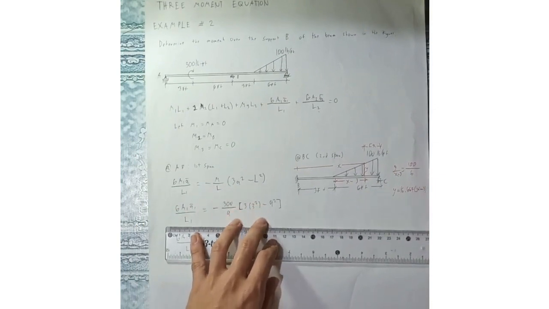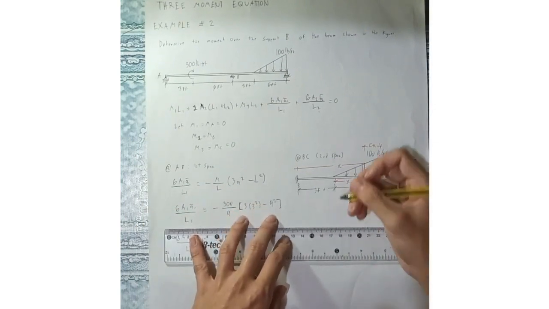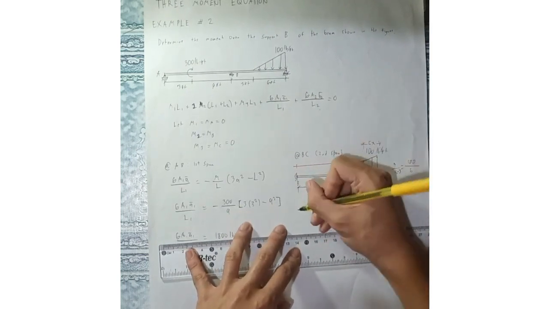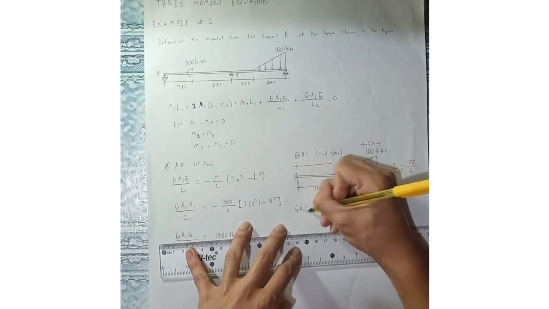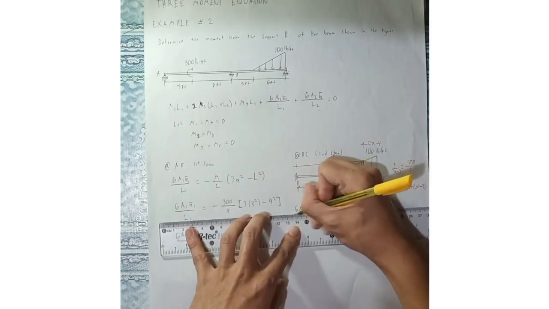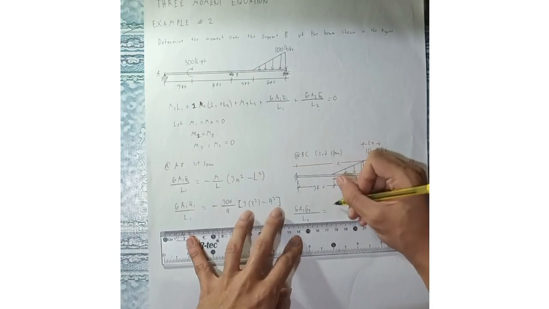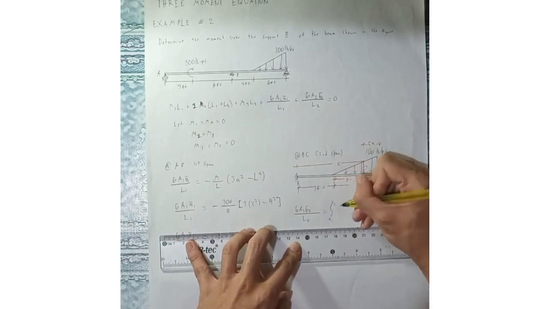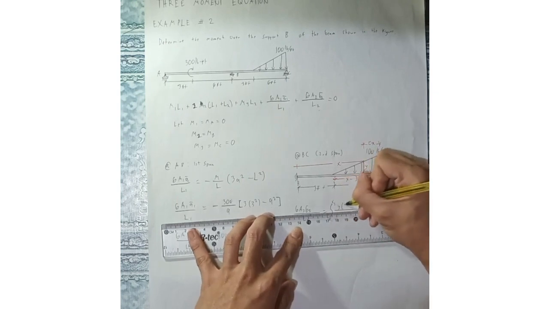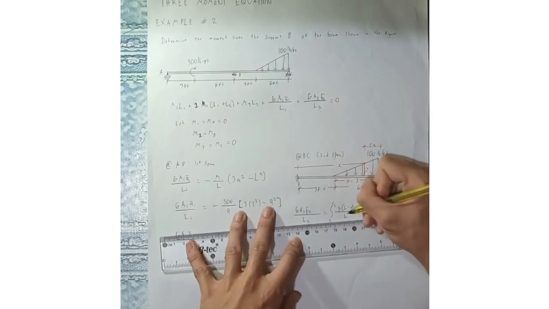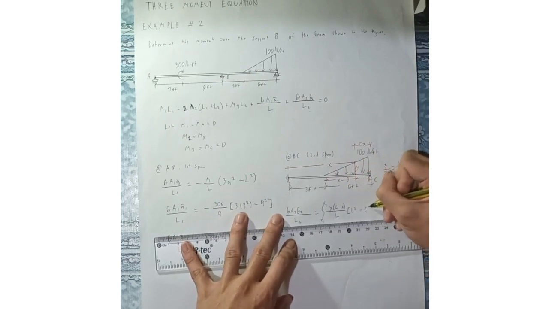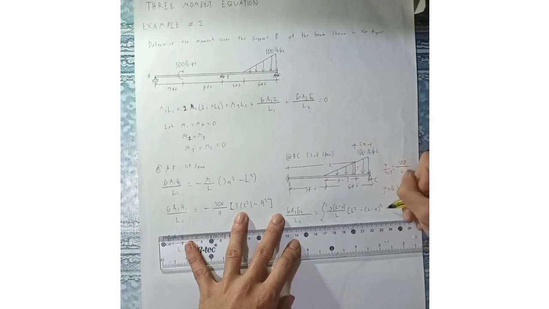So we'll use the second span side B formula. 6A2 B bar 2 over L2 equals the integral from x1 to x2 of y times (L minus x) over L times (L squared minus (L minus x) squared) dx.